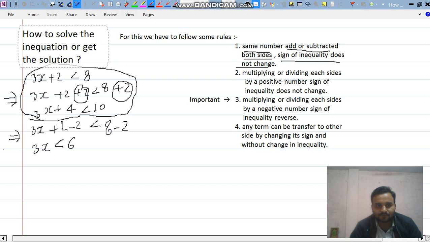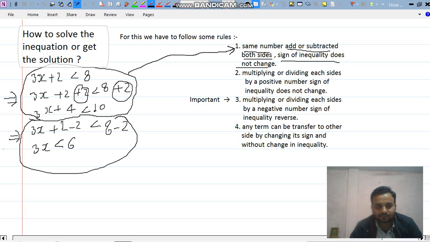Now the second point. Multiplying or dividing both sides by a positive number, the sign of inequality does not change. So you can see another example, 3x is less than 6.